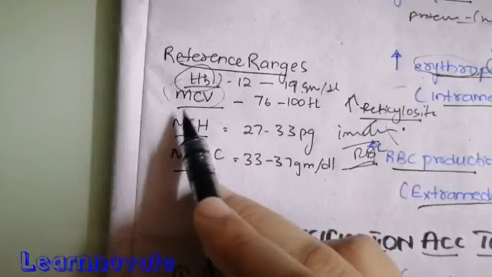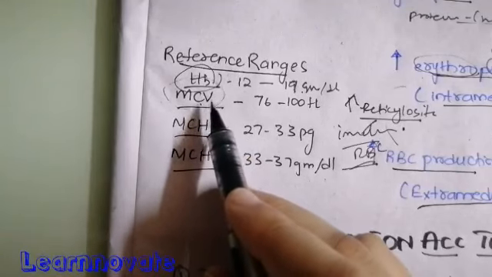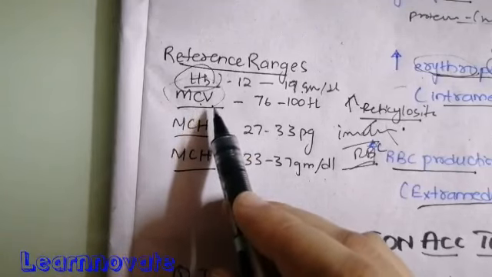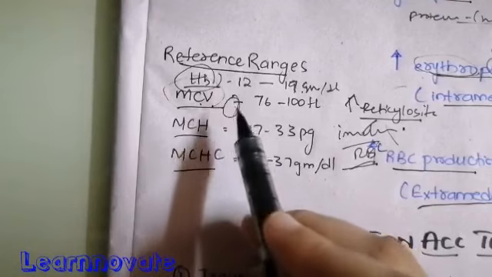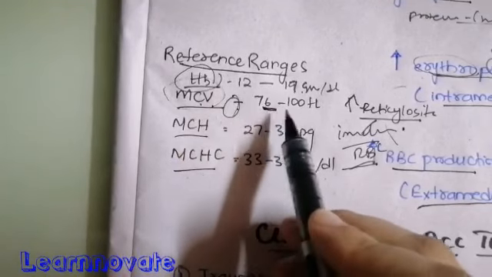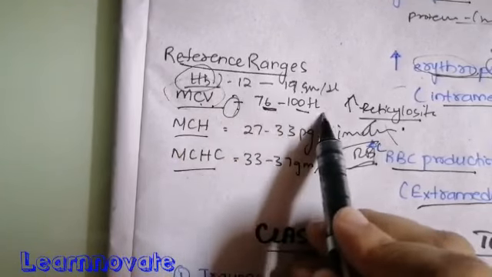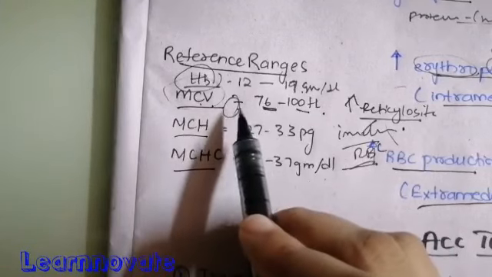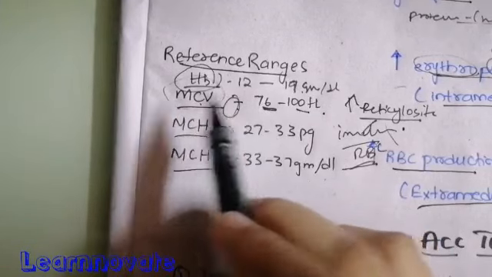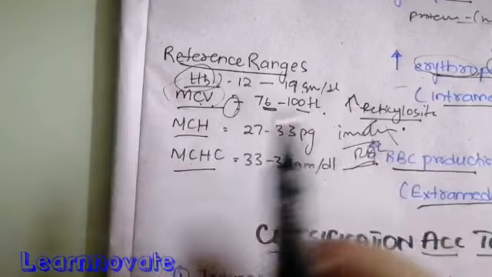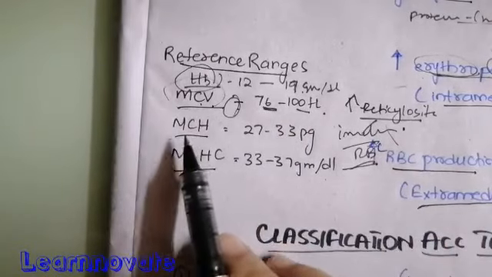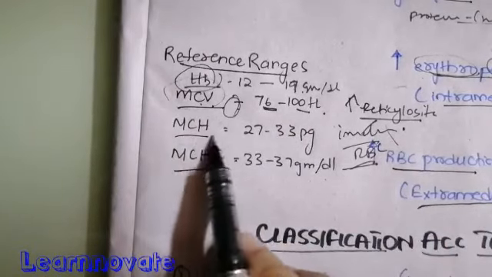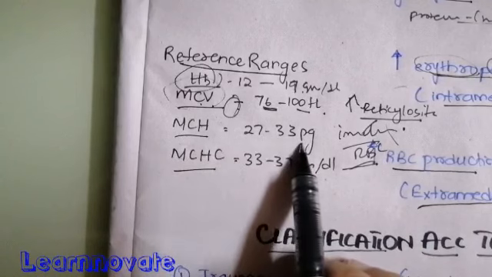Second one is the MCV, the mean corpuscular volume, that is the volume of the RBC. The normal range of MCV is 76 to 100 femtoliter, and if it is abnormal, it may be normocytic, microcytic or macrocytic RBC. Then MCH, the mean corpuscular hemoglobin, is about 27 to 33 picogram normally.